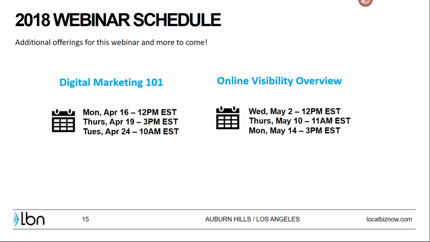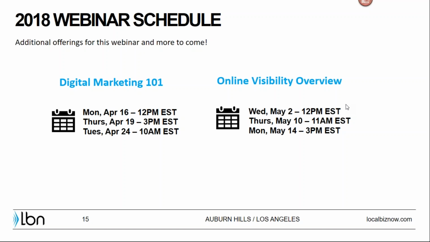If you're curious how search marketing works, if you're curious about AdWords, website quality scores, branding, social media, all of that stuff is going to be included in this Digital Marketing 101. So that one's going to be a little bit of a longer session. So send that to anybody that you think would be interested in learning about digital marketing in general.